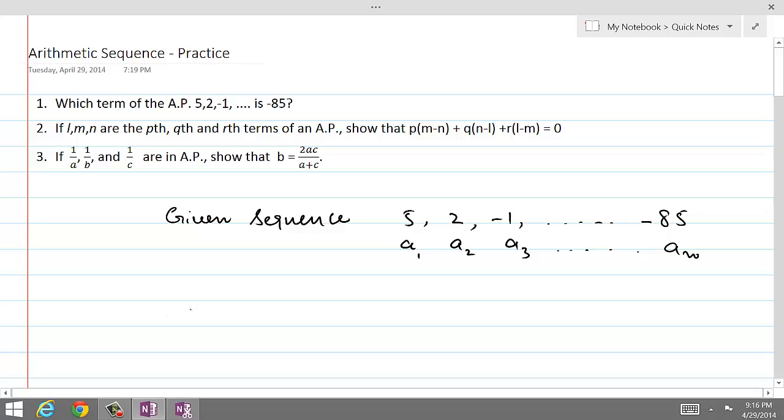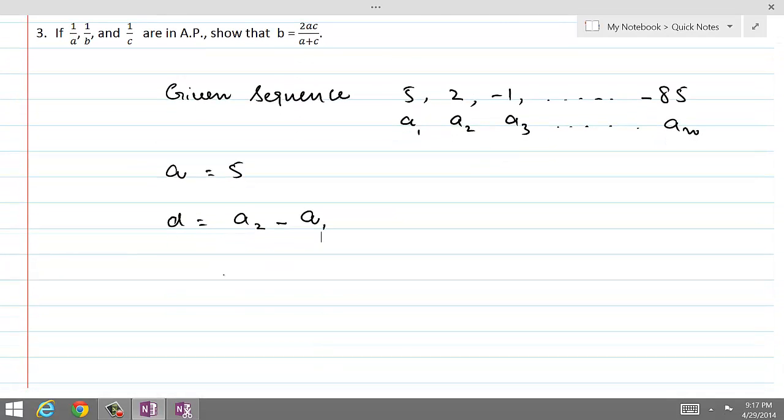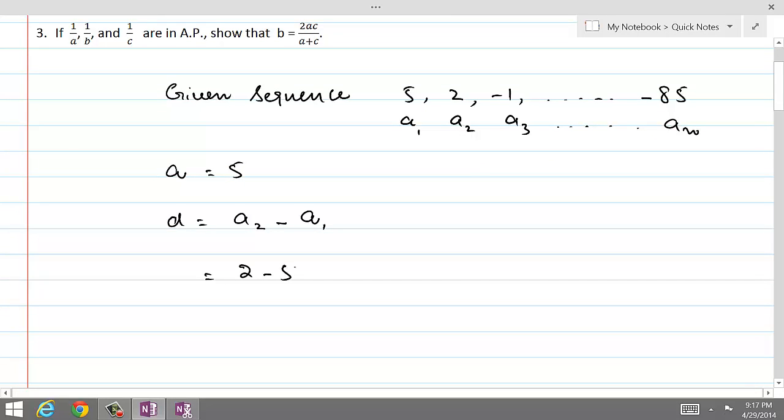If the first term of the sequence is denoted by A, it is equal to 5. The common difference, denoted by D, can be obtained by subtracting the first term from the second one, A2 minus A1, which is 2 minus 5, equal to -3.